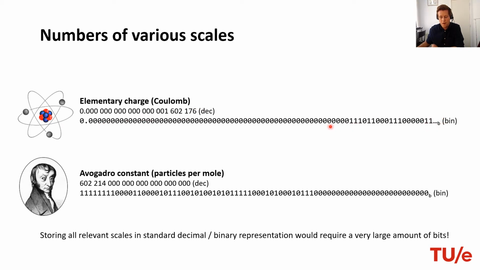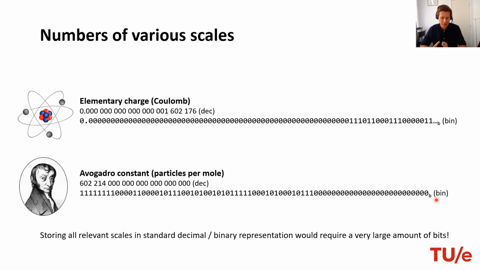So this is a very long string of bits, and it's even truncated here at the end, required to represent this very small number. Whereas Avogadro's constant has about 23 zeros here, so that's a very big number in decimal representation, but also in binary representation this requires a very large amount of bits. Now, it's important to note that we would need to do computations with numbers of all possible scales.